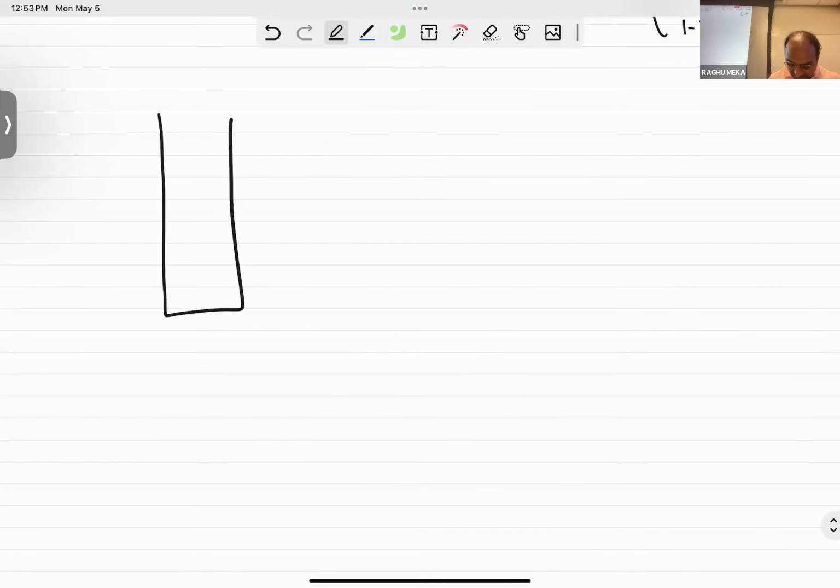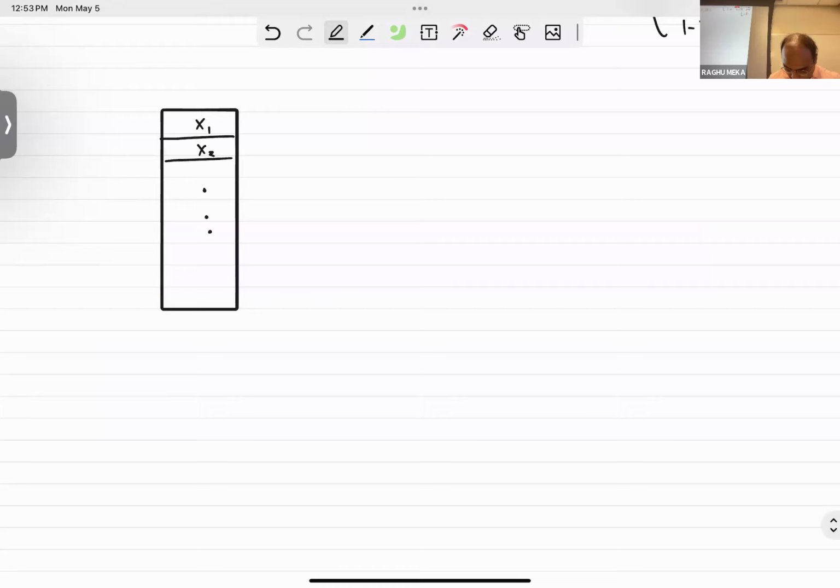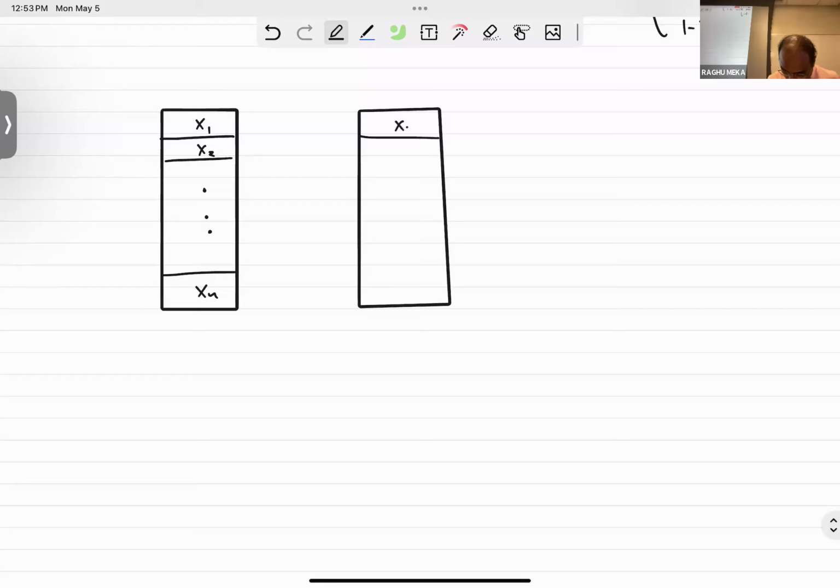So if my original data was x1, x2, all the way up to xn, then I'm releasing x1 bar, x2 bar, up to xn bar. And I'm doing this for each user separately. For each xi, I'm flipping a coin, or randomizing, separately.